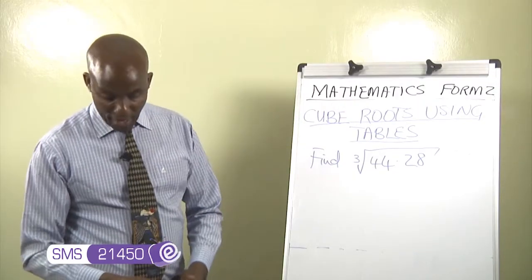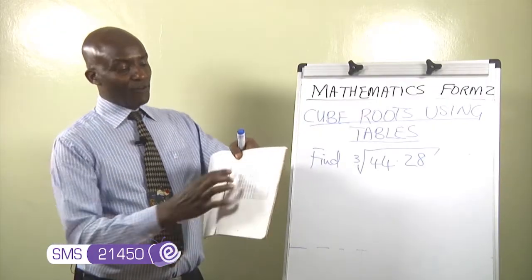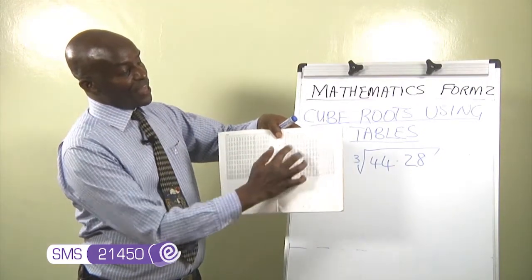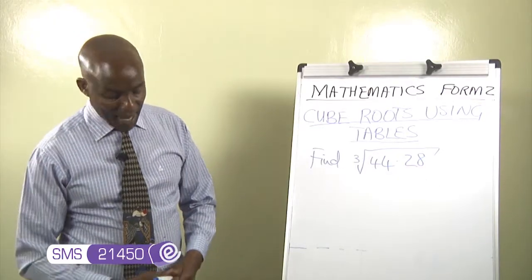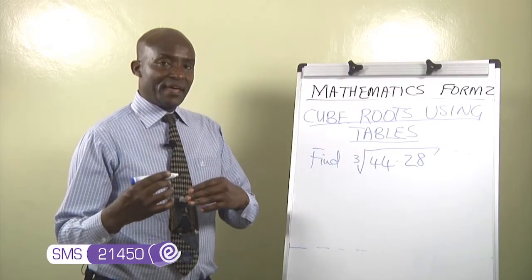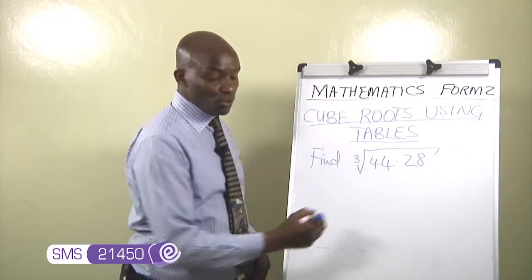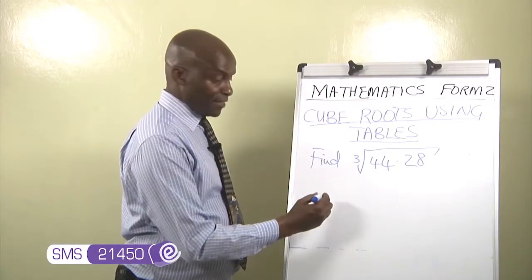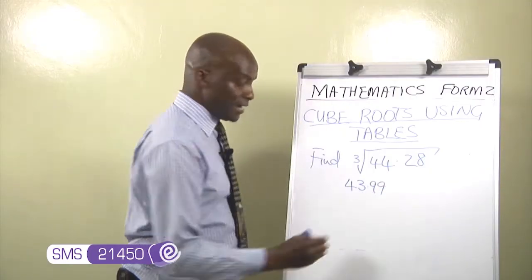So when you go to the cube tables, you have these numbers here. Within this body of numbers, you will find the next number that is below 44.28. When you do that, you will find that that number will be 43.99.